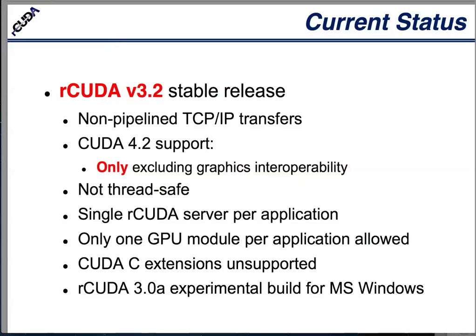Only a GPU module per application is allowed, which means that you have to place all device functions in a single source code file in order to compile it with NVCC and generate a single GPU module. CUDA C extensions were unsupported, and we have an experimental build for Microsoft Windows.